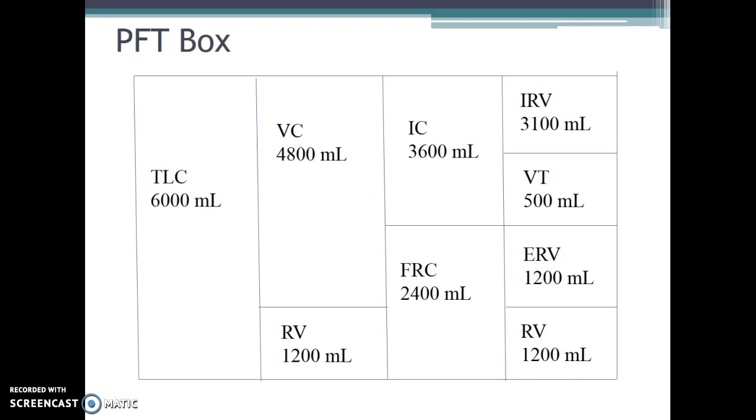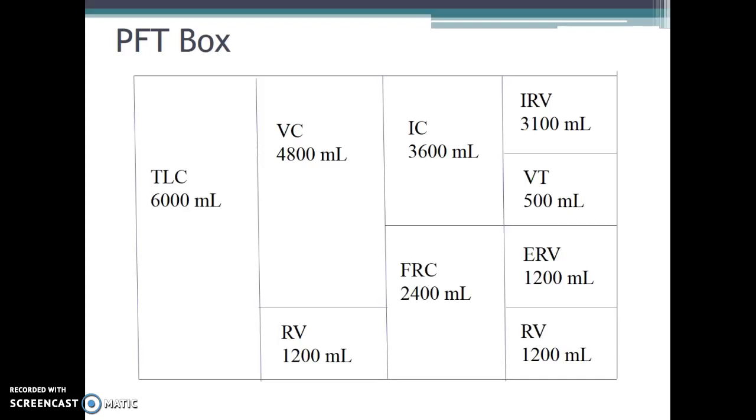You can also look on page 130 in your Practical Math for Respiratory Care. It's that orange workbook that I would highly suggest you read that chapter, which is chapter 11, and you can see the PFT box in there as well. And we're going to talk a little bit about how to use that PFT box here in a minute.